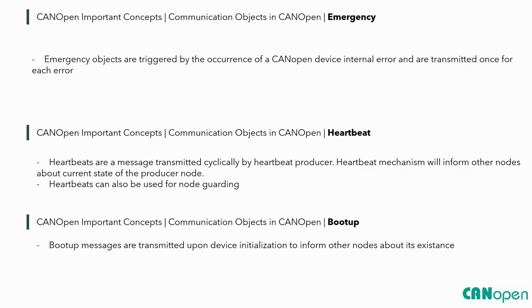We can do very cool things with them. We can tell other nodes in the network to listen for the heartbeat from a certain node, and if they don't receive that heartbeat, they change their state to, say, pre-operational. That's called node guarding, which you might do in the tutorial.